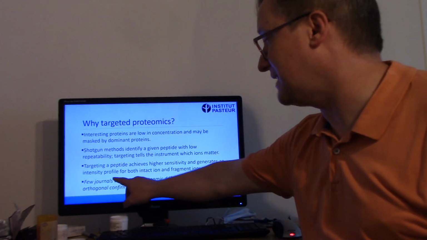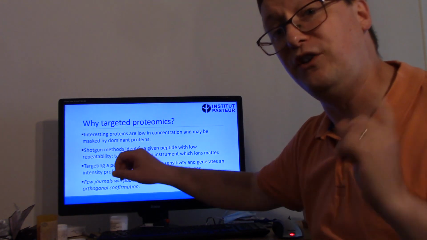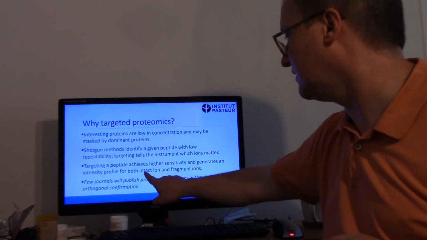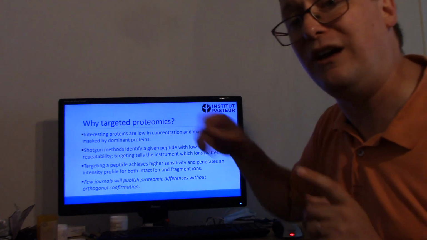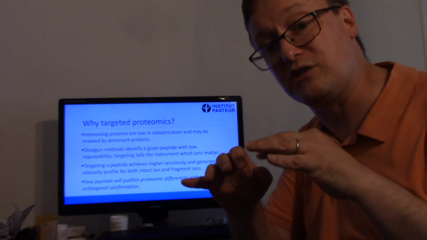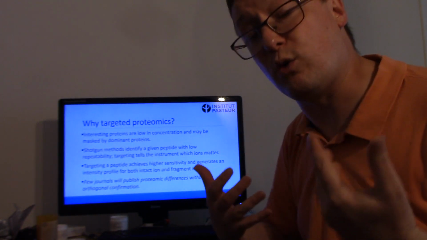And we're able to do this in a way that gives us an intensity profile not just for the intact ion, like what you would see in MaxQuant, but also an intensity profile for the fragments produced from them.